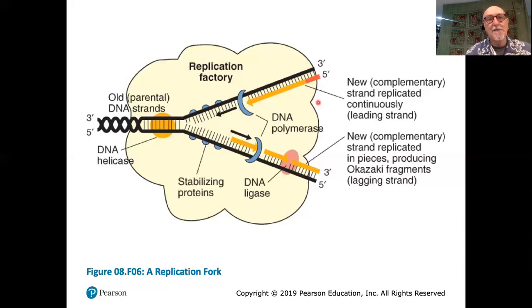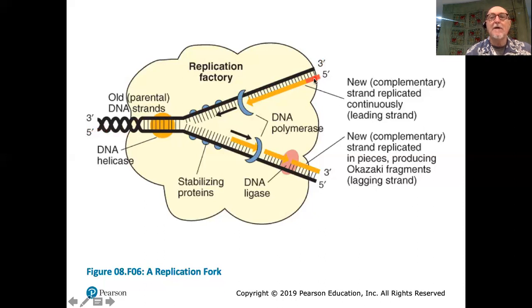So let's have a look. This is where the orientation of the strand starts to become very important. You need to know what is the orientation of the strand. In this case, this old strand here, there is its 3' site. So its 5' site would be down here. Okay, 3', 5'.